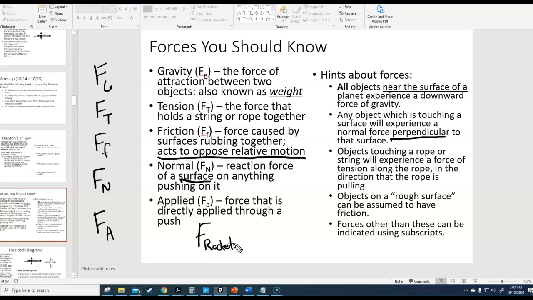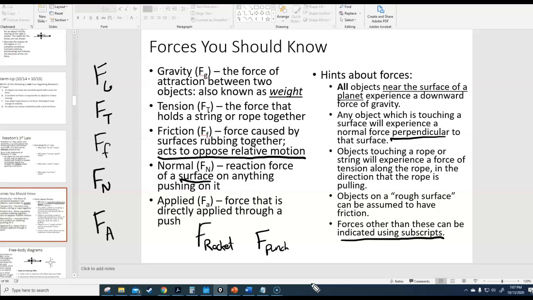Forces other than the ones over here can be indicated using subscripts. If I punch a hole in the wall, I could label that force F punch. Just some type of subscript that makes sense in that situation. If it's not one of these more common forces, you can label it anything that makes sense. Most forces you're going to see most of the time are one of these 5 forces.